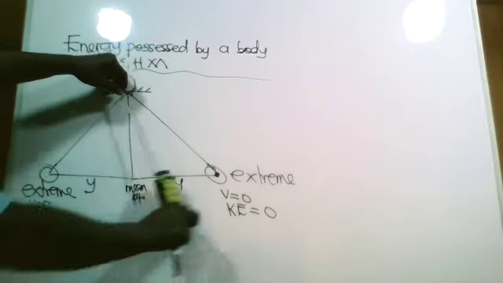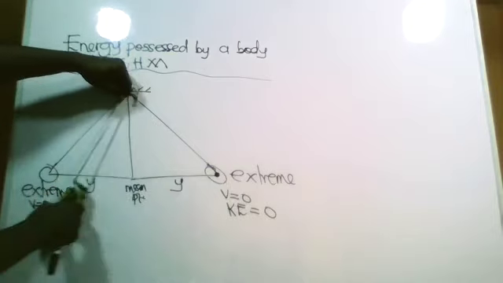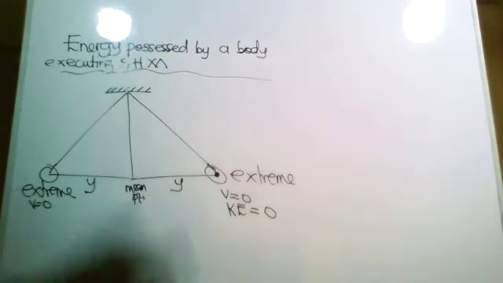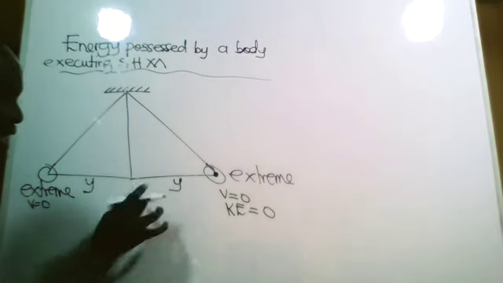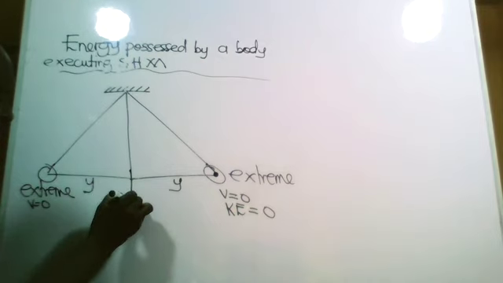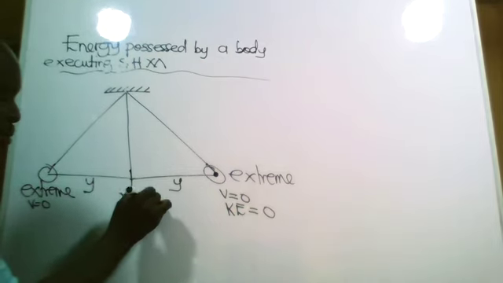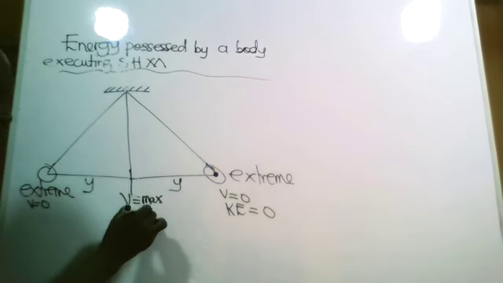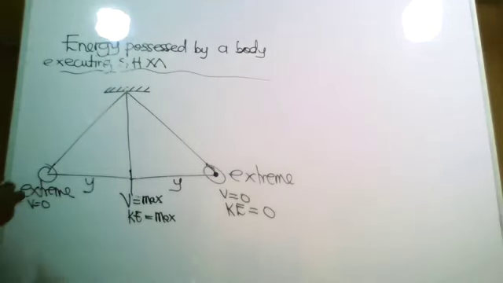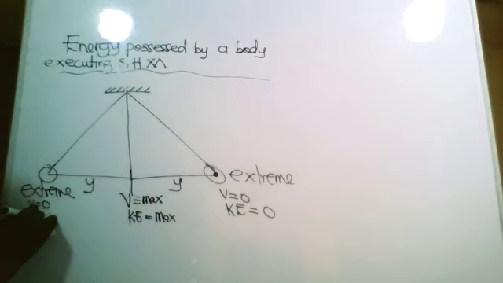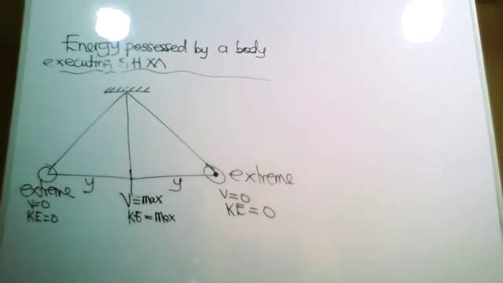So it is maximum when the body or particle is crossing the mean point. So velocity is maximum at the mean point, V equals maximum, and so kinetic energy would also be maximum. At the extreme, velocity is 0, kinetic energy is also 0. When crossing the mean point, velocity is maximum and KE would also be maximum.